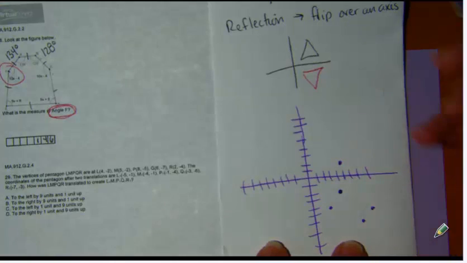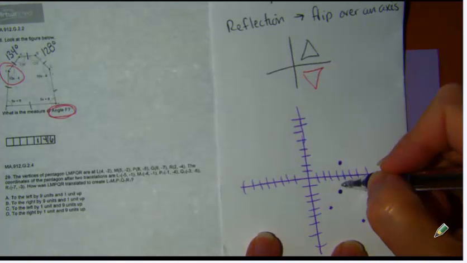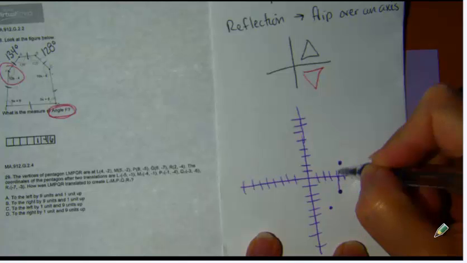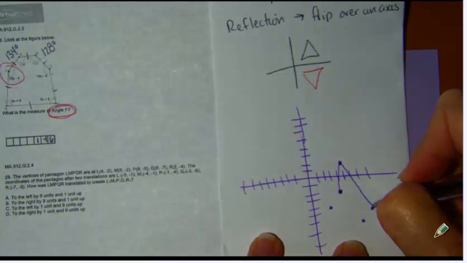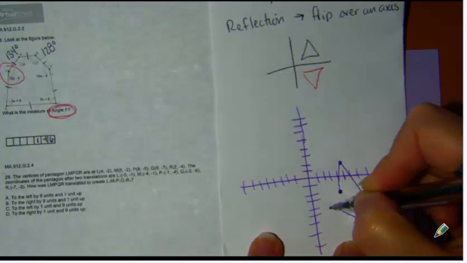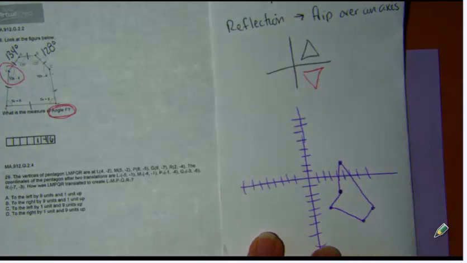Okay, so I'm going to go, right, L was here, L, M, P, Q, R. So we've got some sort of a thing. It's a pentagon, but it's a weird one.